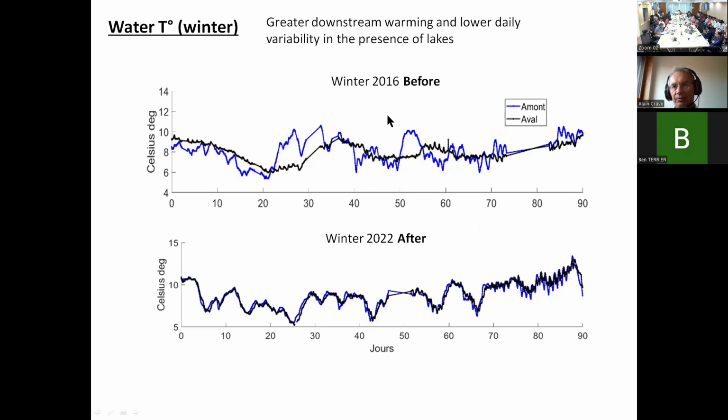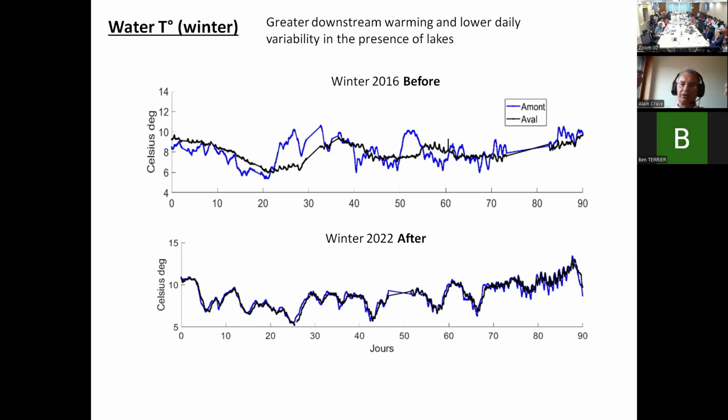Another parameter which is quite important for ecology is the temperature of the water. It's just to show you how the temperature evolved before and after the removal. In winter, here in blue, you have the upstream value, and in dark you have the downstream value.